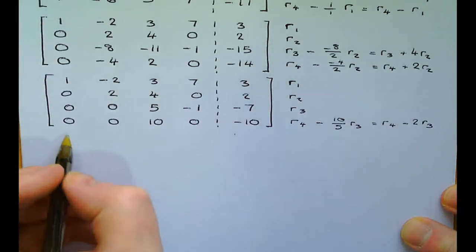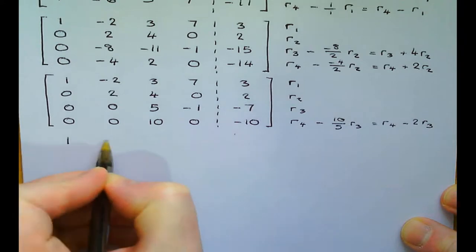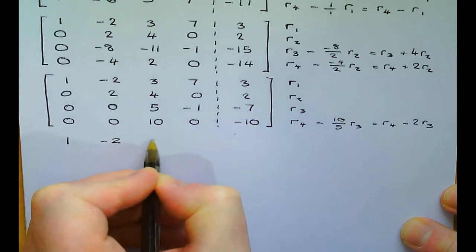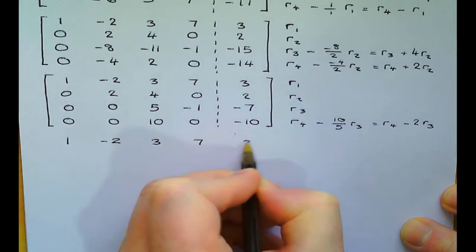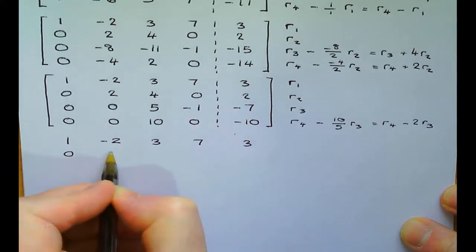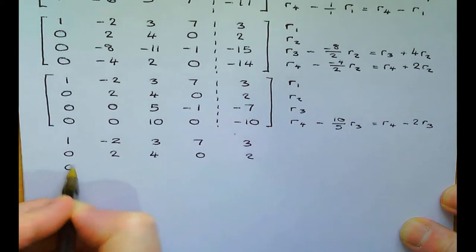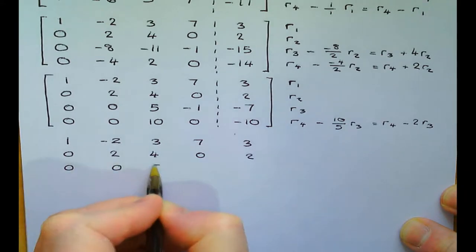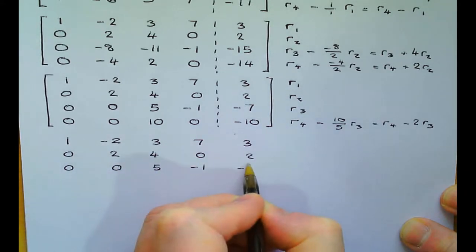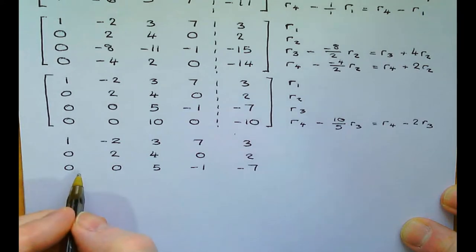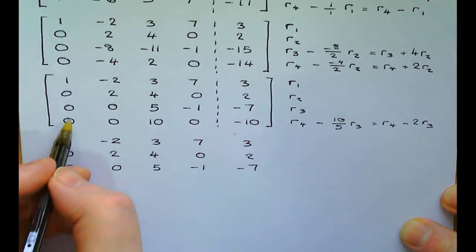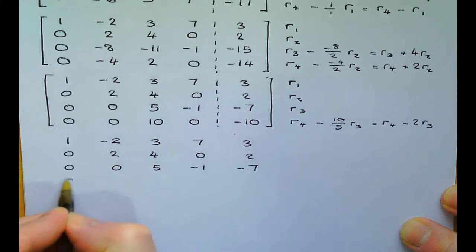We'll have them taking place. So top 3 rows, no change. And the bottom row, row 4 minus twice row 3.